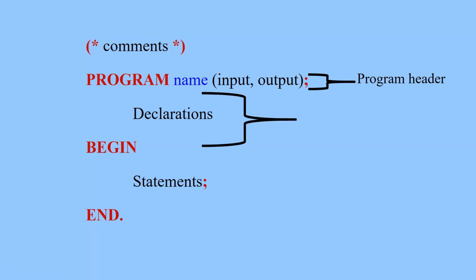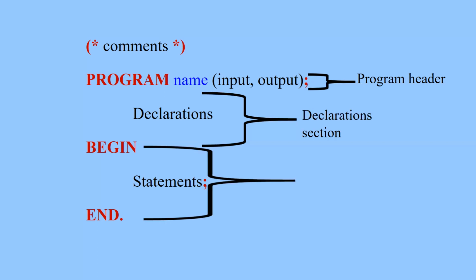Then we have this section here, where we have declarations. It's called the declarations section. And then we have this part here, in between begin and end, with a period of its own.